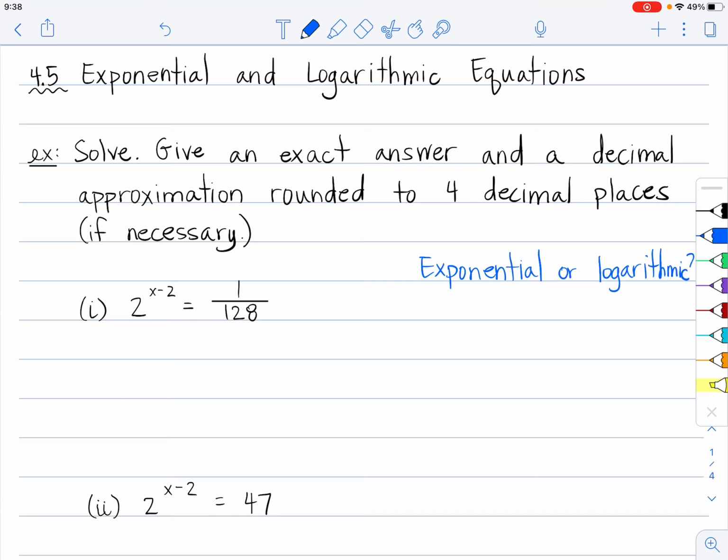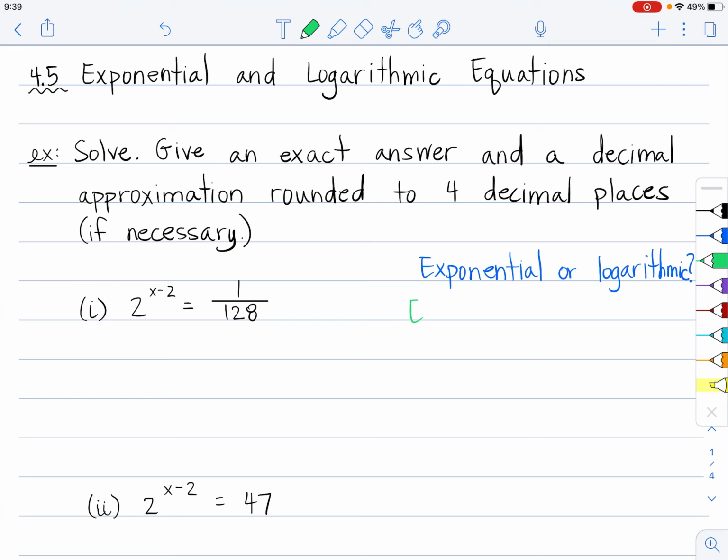So what makes it one or the other? Exponential means that we have an x in our exponent. Logarithmic, I would say, is very obvious because there's actually a log in the equation.